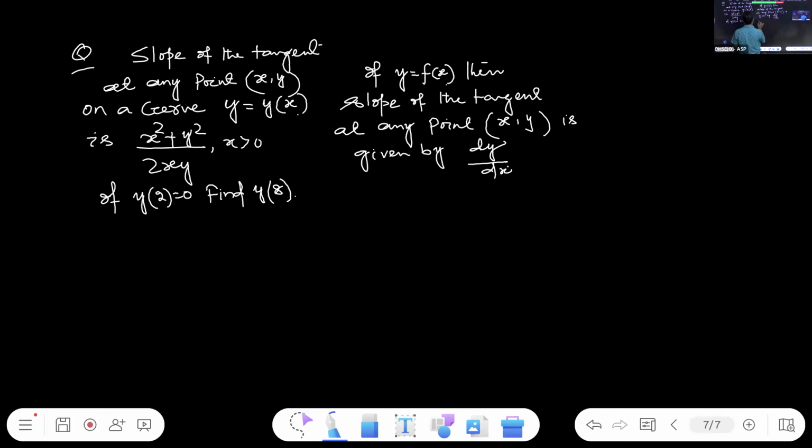So it is given that dy upon dx equals (x square plus y square) upon 2xy.